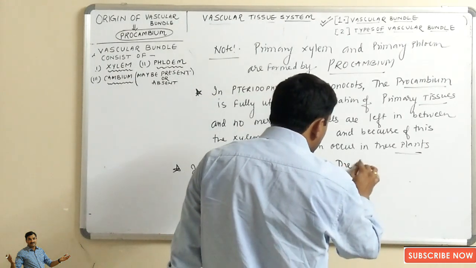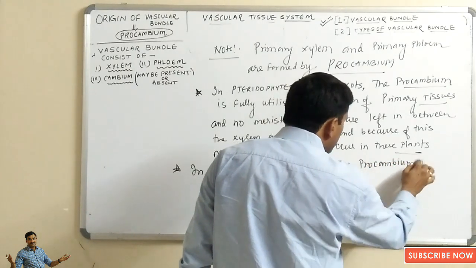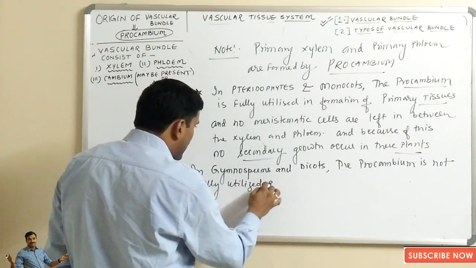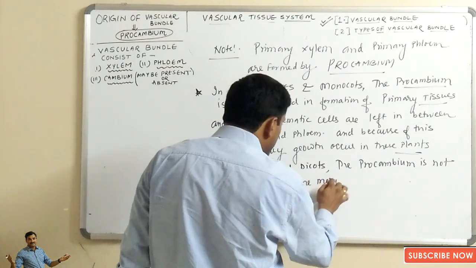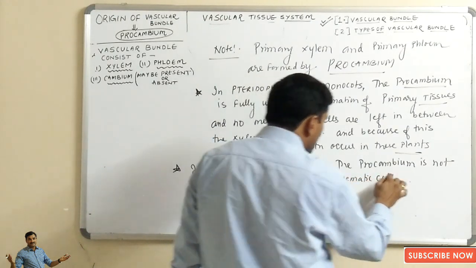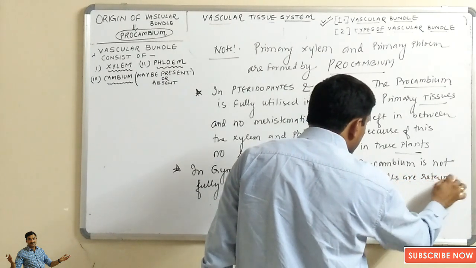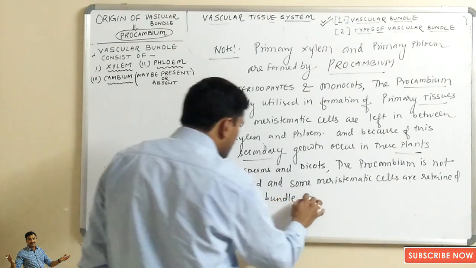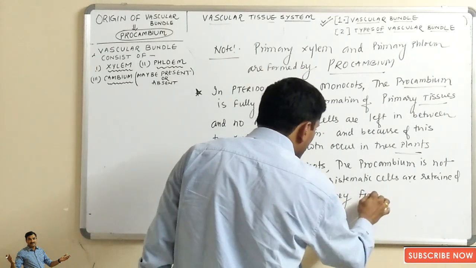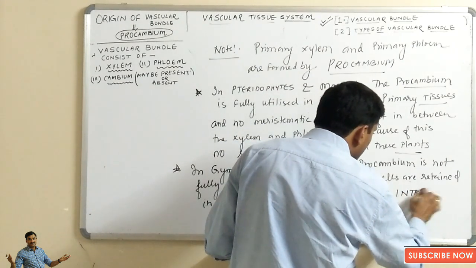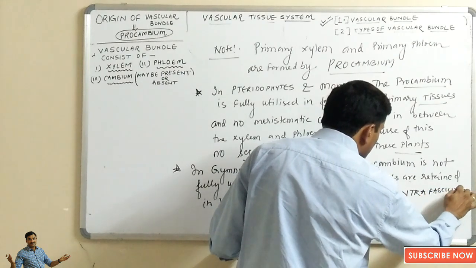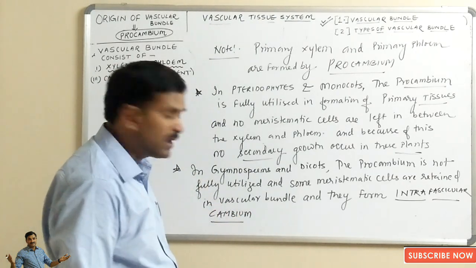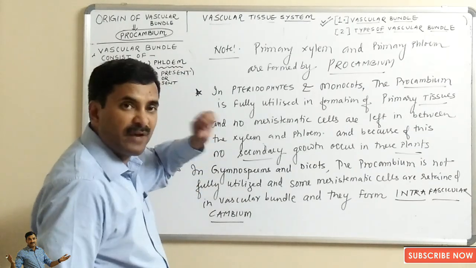The procambium is not fully utilized, and some meristematic cells are retained in the vascular bundle, and they form, very very important, intrafascicular cambium, which is very important for the secondary growth.